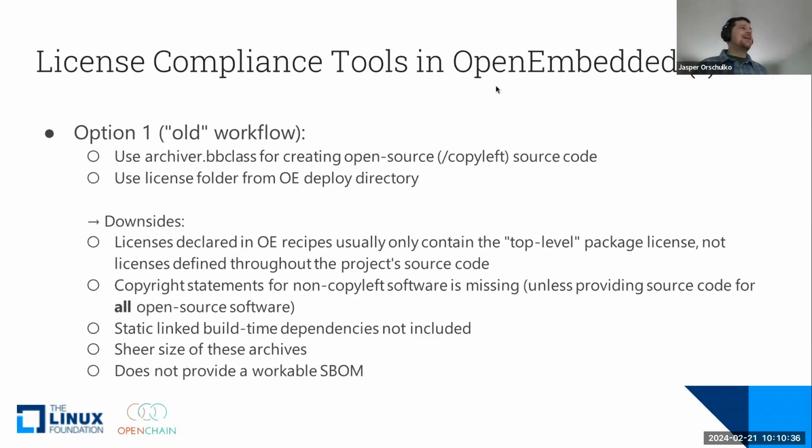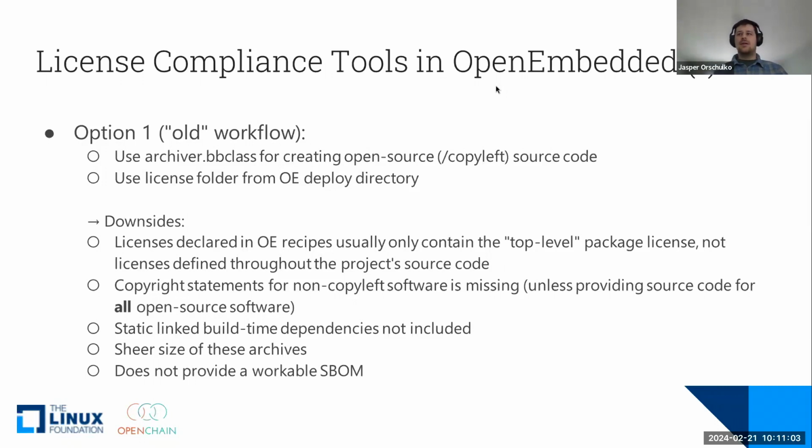You then can also use the license folder from the OpenEmbedded deploy directory for collecting the top level licenses as proclaimed by the recipes themselves. That has some downsides though, because these licenses that OpenEmbedded declares usually only contain the top level license of the project.